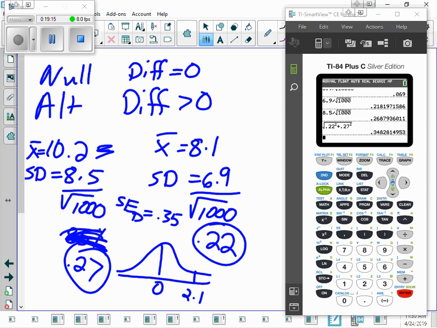So 2.1 minus 0 is 2.1 divided by 0.35. 2.1 divided by 0.35 gives me a z-test statistic of 6, which means my p-value is essentially 0.